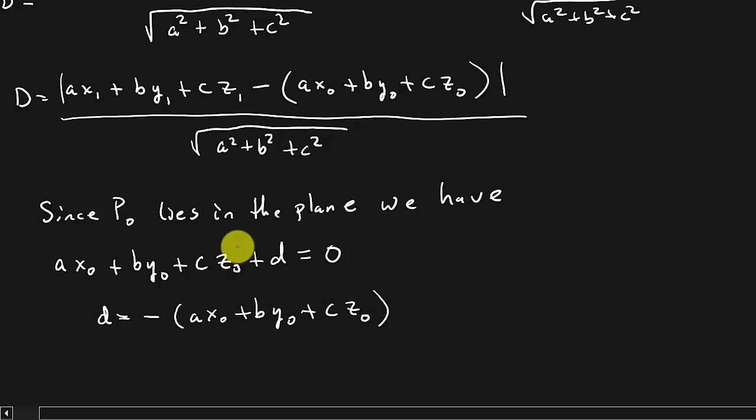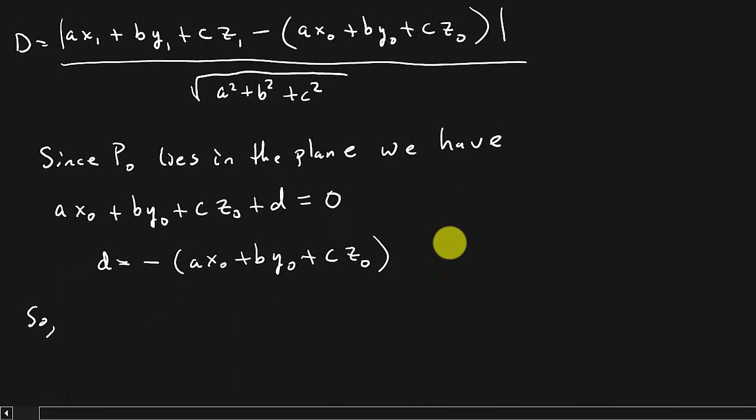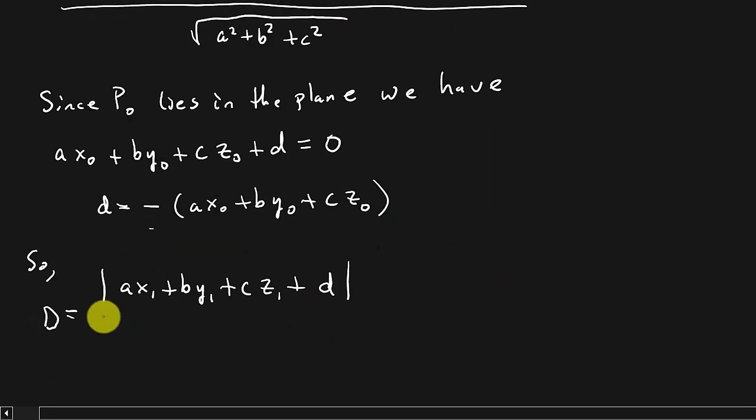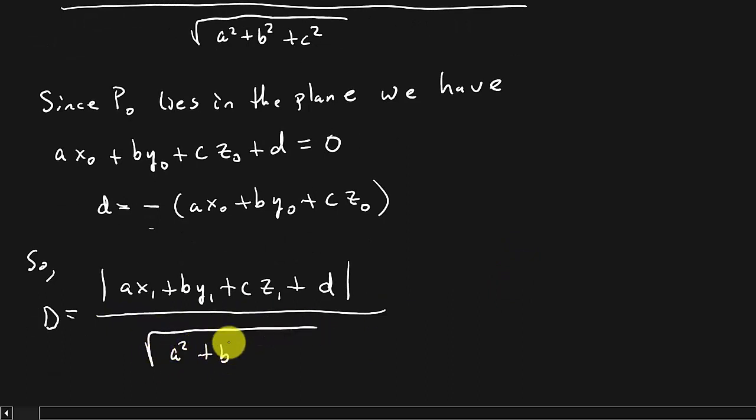If I move all of this over and factor out that negative, that gives us that d is equal to the absolute value of ax1 plus by1 plus cz1 plus d, replacing that with d, over the square root of a squared plus b squared plus c squared.